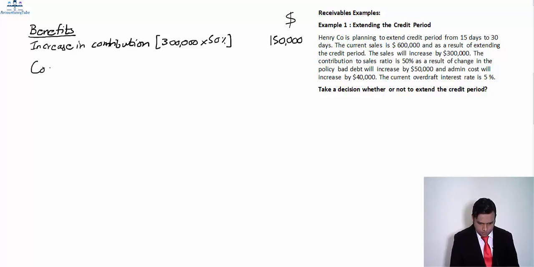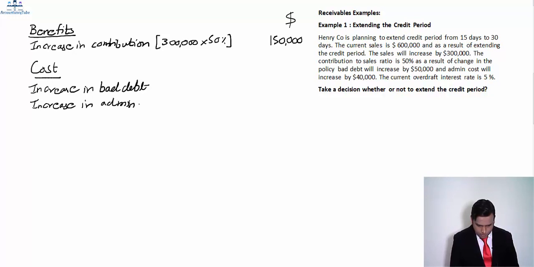Then we need to consider cost, which as per the example we have got: increase in bad debts, increase in admin cost, and increase in finance cost.